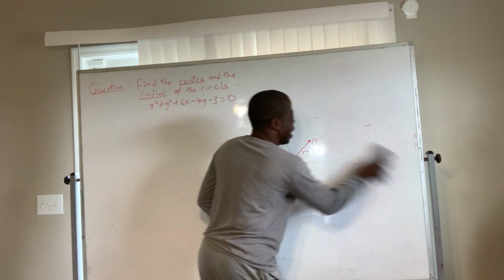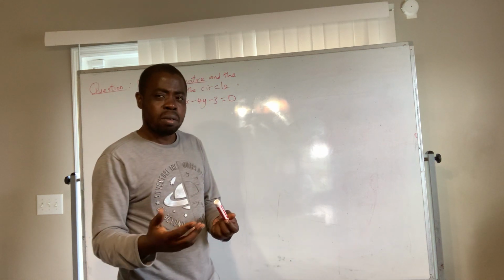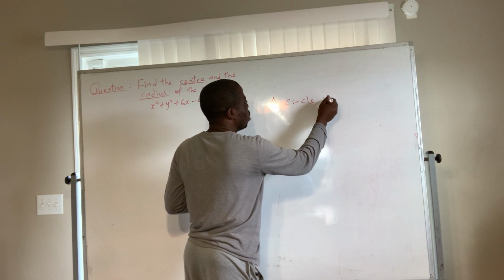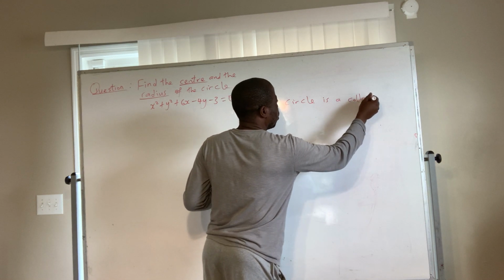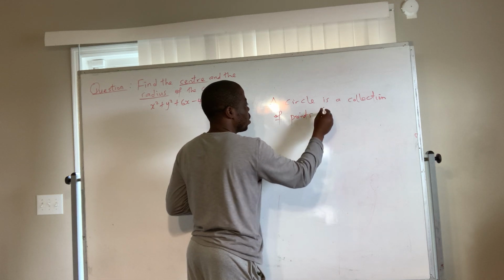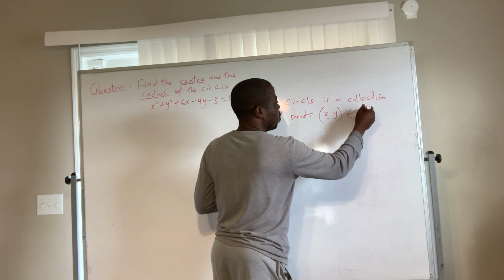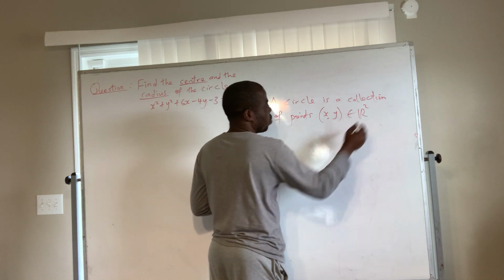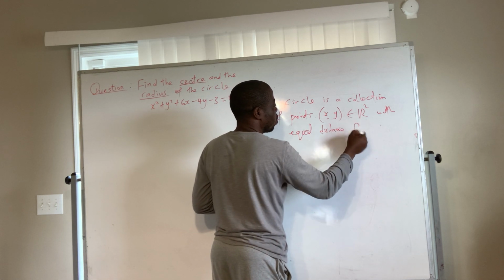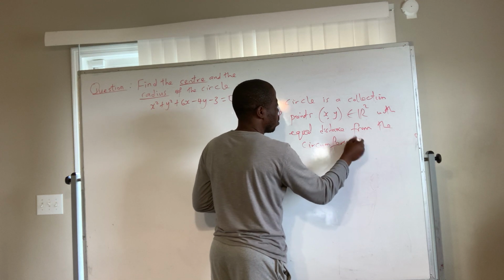Now, if you want to be a little bit more detailed or more complex in your definition, you can say a circle is a collection of points x, y, from a 2D plane, with equal distance from the center.